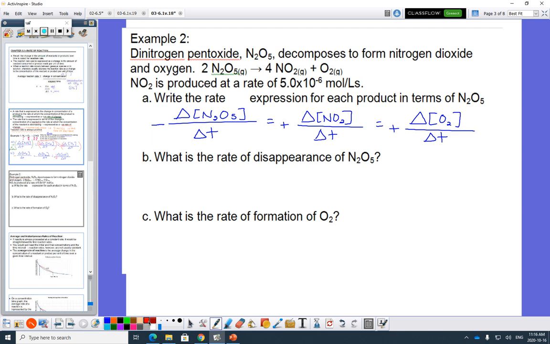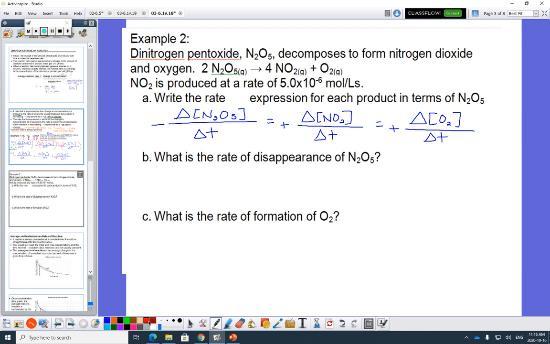So now I'm going to look at how does N2O5 relate to NO2. So 2 and 4 and 1 are easy numbers to sort of pick the multiples of. Again, you could use like 2s and 3s and 5s, which is like the nastiest of nasty, okay? So generally speaking, that's not what we're going to do here. So N2O5 has a coefficient of 2, and then NO2 has a coefficient of 4.